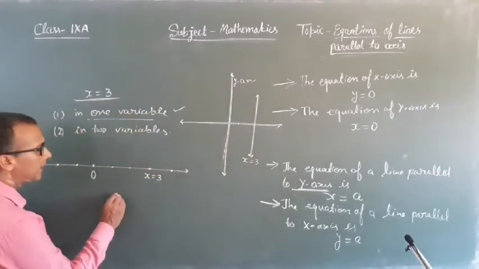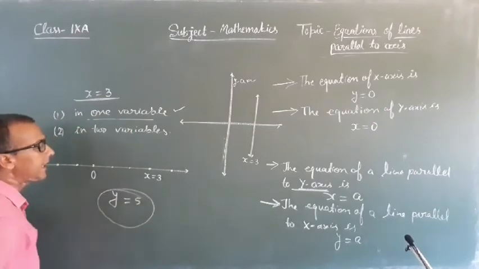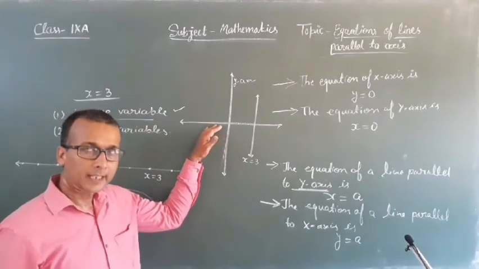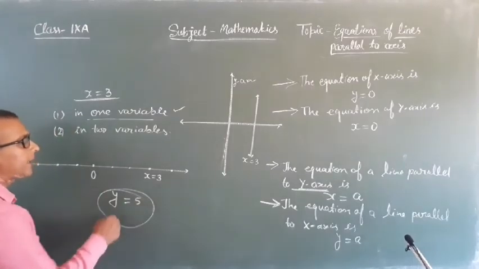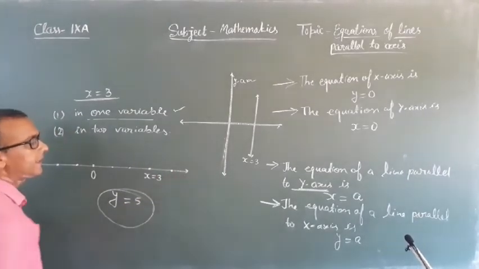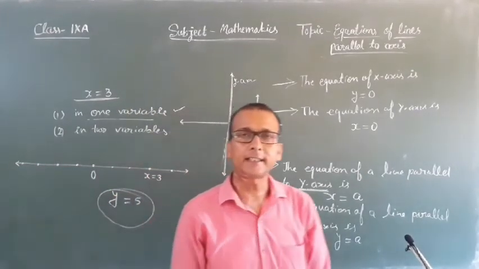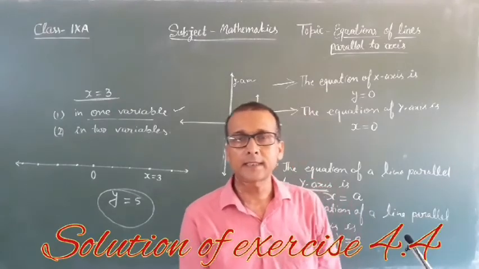Similarly, suppose you have y is equal to 5, then this will be a line in two variables which is parallel to x-axis, and when you take it as one variable, it will be represented on a number line as a point. Now you can solve the exercise.